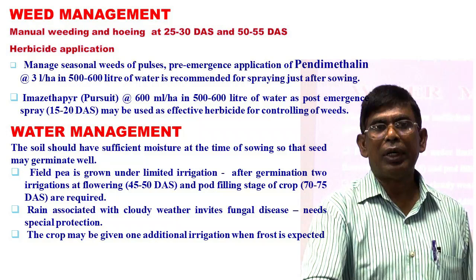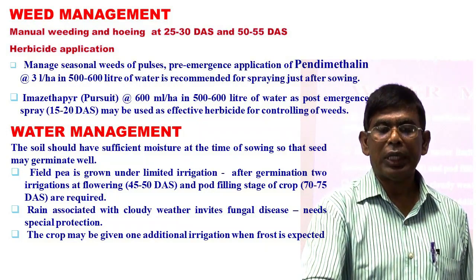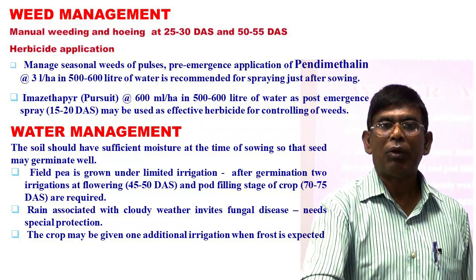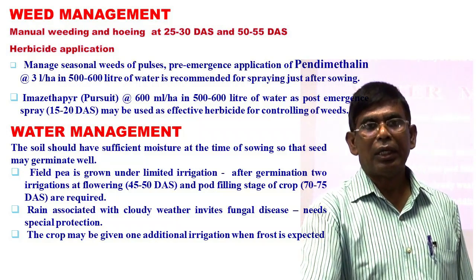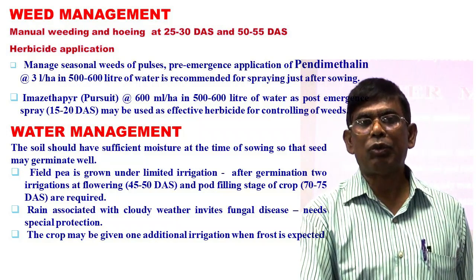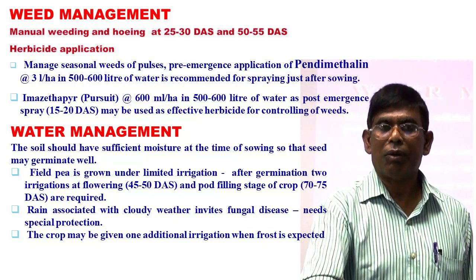But if manual labor is not available, then you can go for chemical weeding, that is herbicide application. You can apply pendimethalin 3 liter per hectare just after sowing. That means you have to apply this pendimethalin within 3 days of sowing.